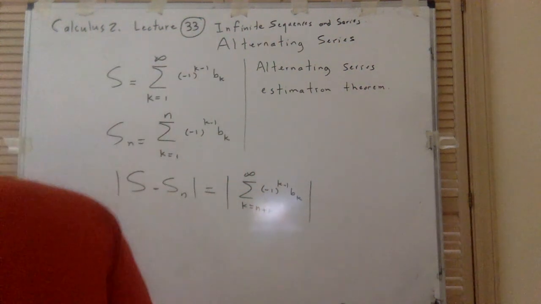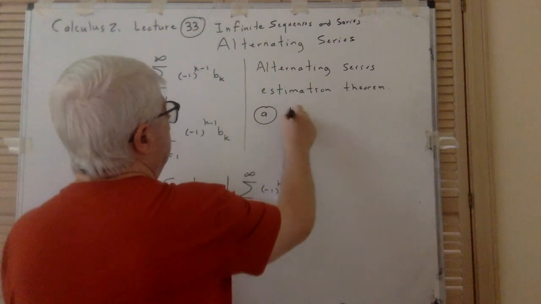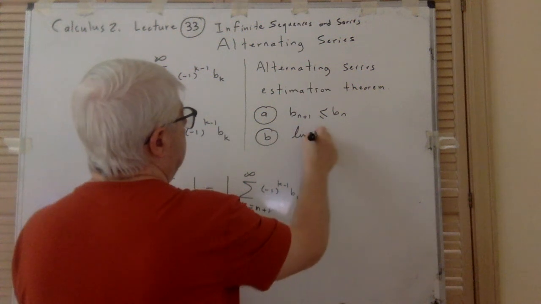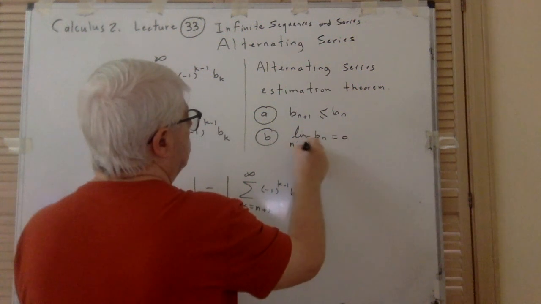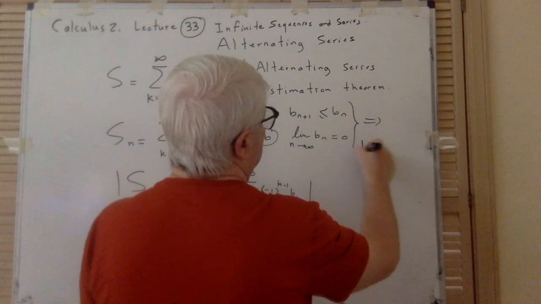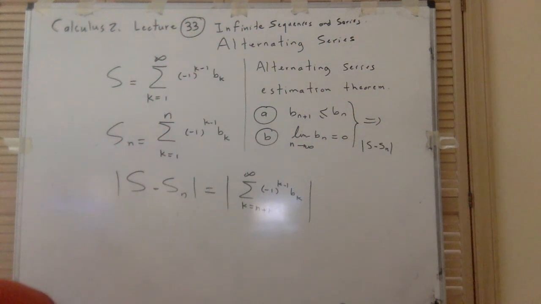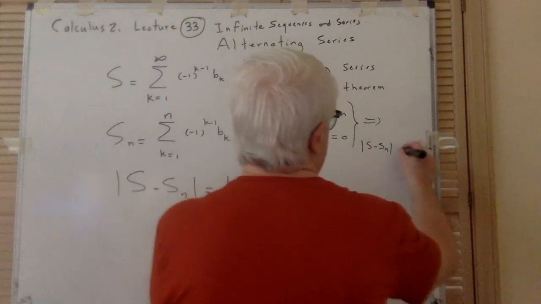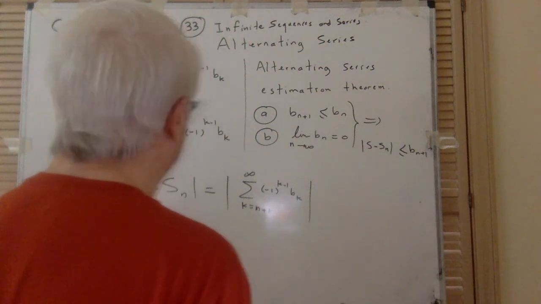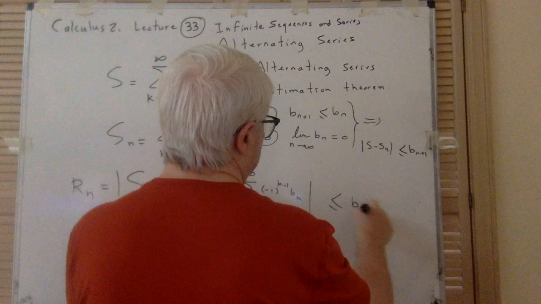Okay. So it's saying that in this situation, since we have b n plus 1 less than or equal to bn, and the limit of bn goes to 0 as n goes to infinity, then this S minus Sn, which we call Rn, becomes less than or equal to b n plus 1.